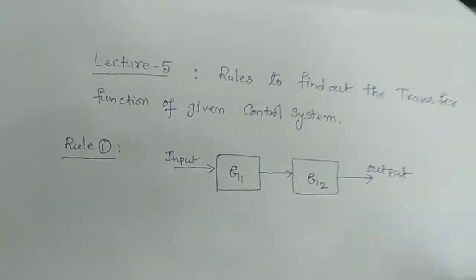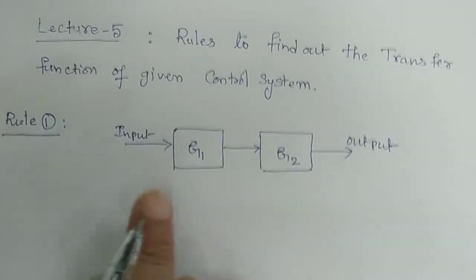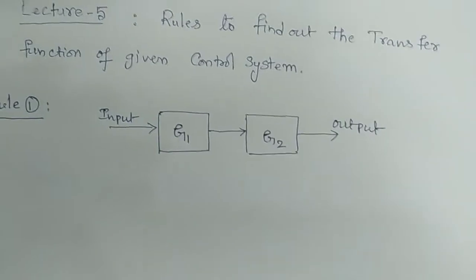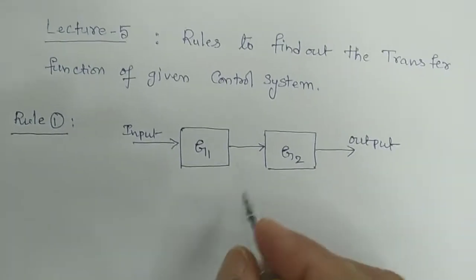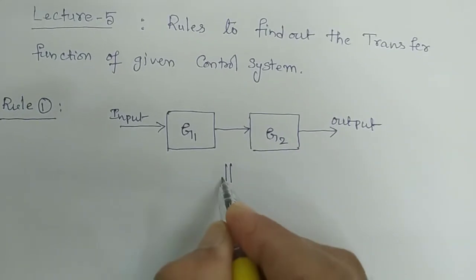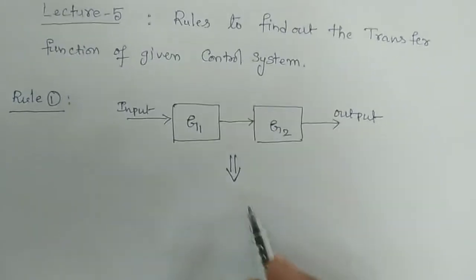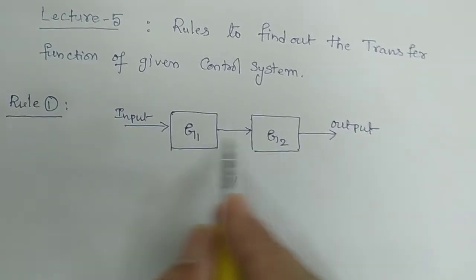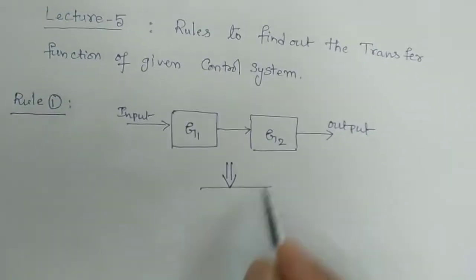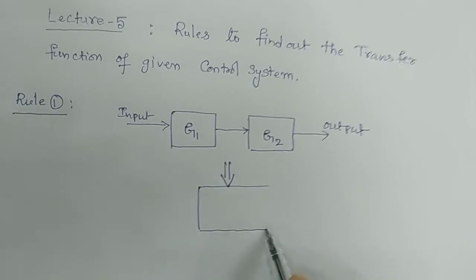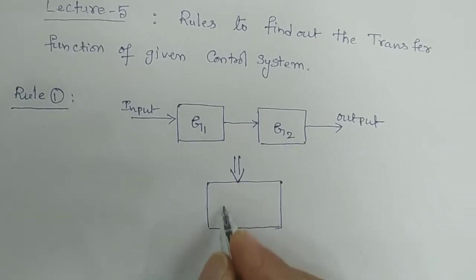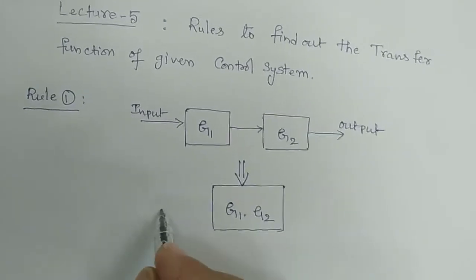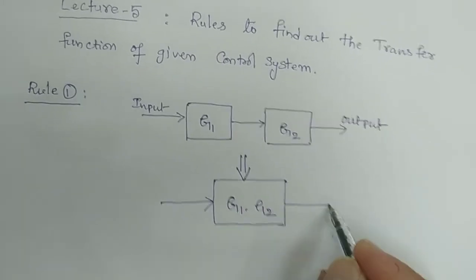If it is given like this, with two blocks G1 followed by G2, then what will be the resultant? As these two blocks are in series, or you can say in cascading, the resultant will be just the product of the gains, that is G1 into G2.